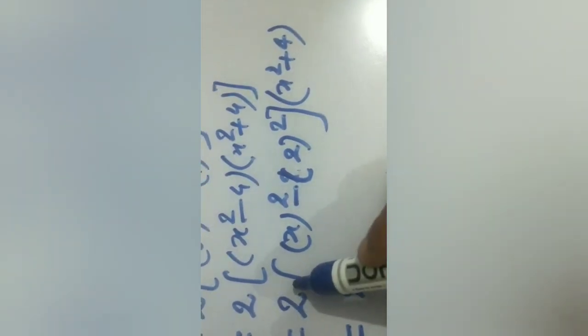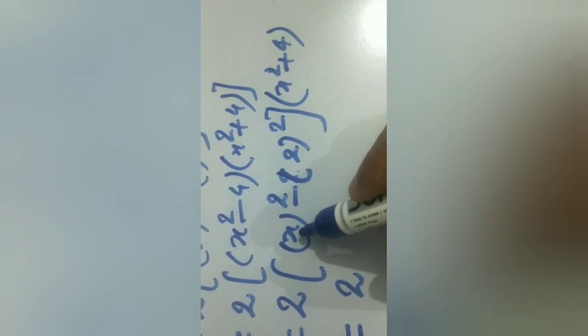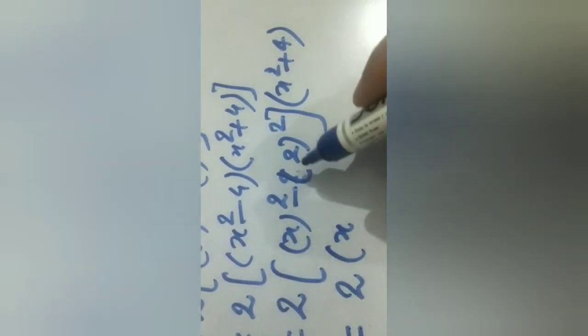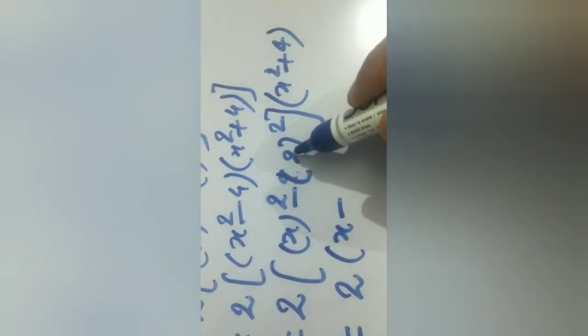So 2 will be here, and now at the place of a there is x. So write x and minus b. At the place of b 2 is here, and then x plus 2, a minus b and a plus b, and this will be x square plus 4.